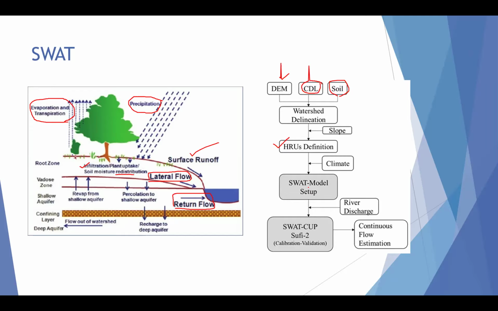For calibration, you need river discharges, and you have modules like SWAT-CUP, which is used for calibrating the model. Then you can get the simulation. So you understand that when you want to run this model, you require spatial data or GIS data.